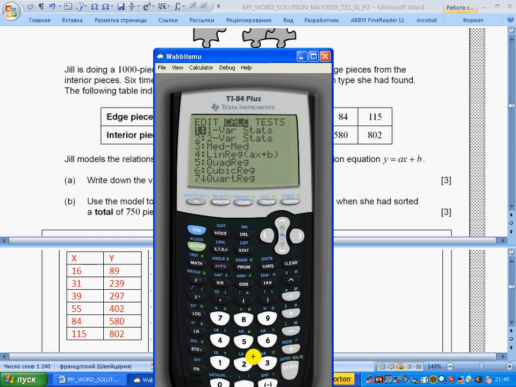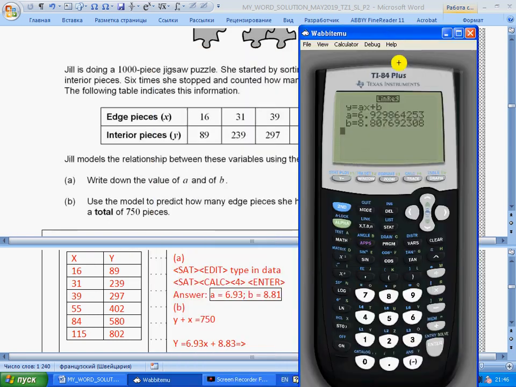Line 4, so we choose 4. So x list is L1, y list is L2, frequency list we don't have, store regression equation we don't have, we calculate. So we go down to calculate and we press calculate. And this is our values: 693 and 881. So we found these values.